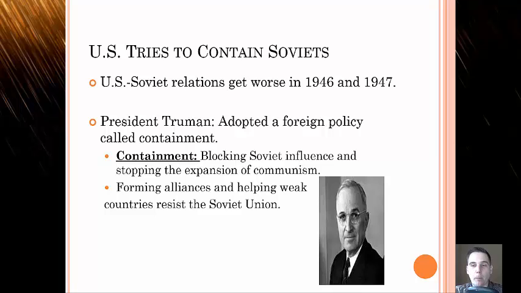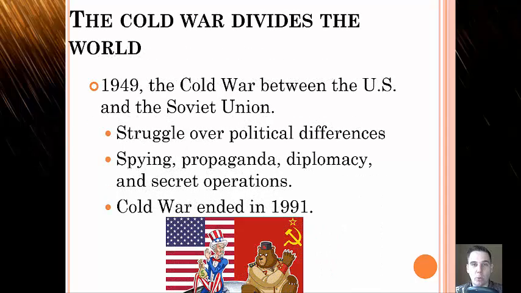President Truman even adopted a foreign policy called containment that he announced to the world with the goal of blocking Soviet influence and stopping the expansion of communism, forming its own alliances to try to help prevent weaker, smaller countries unable to defend themselves from becoming communist and therefore allies of the Soviet Union, which was now officially America's enemy.